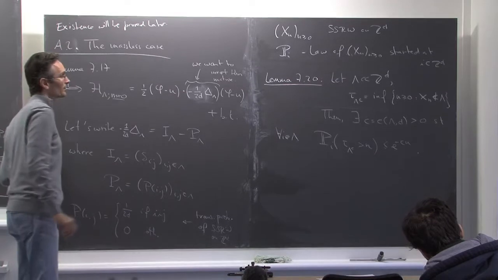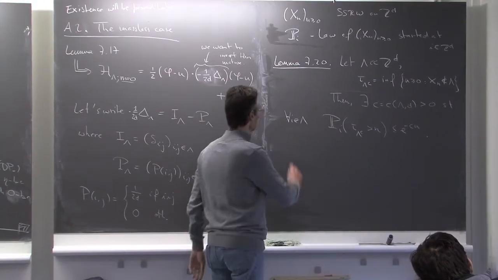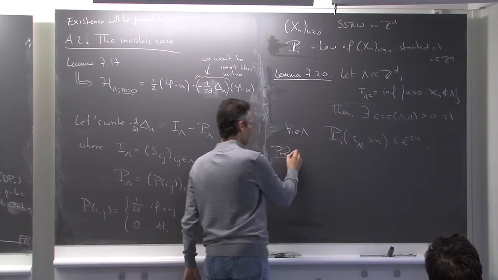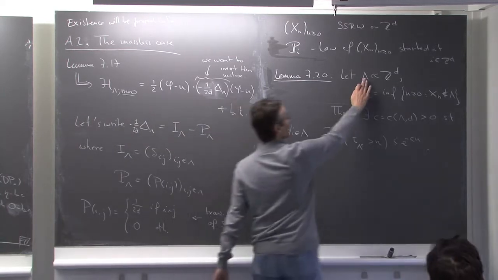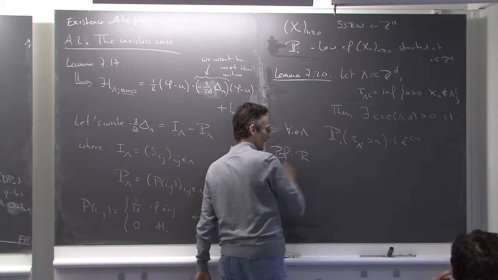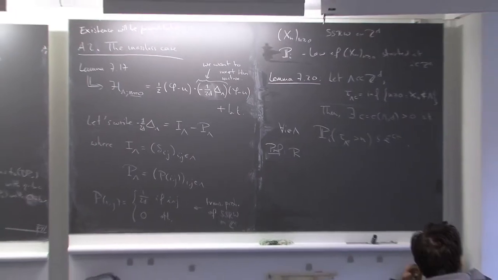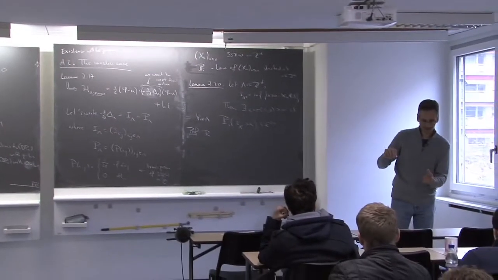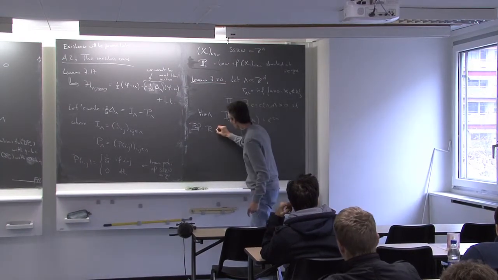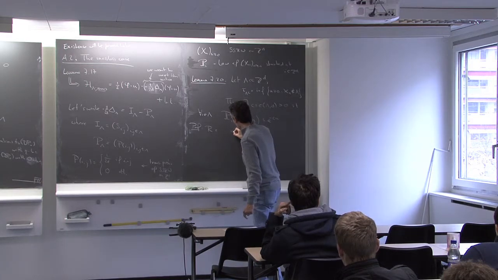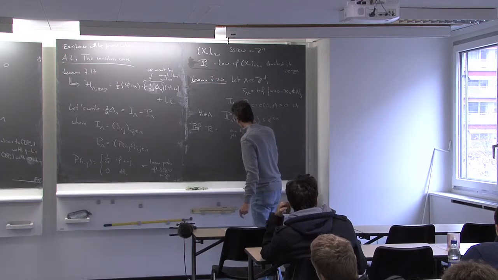I want to prove that because I will need it to invert this matrix. So the proof is completely immediate. Lambda is a finite set, so I can define R to be the maximal distance I have to travel from any vertex in Lambda to reach the boundary of Lambda. So R is the minimum over all j not in Lambda of the one-norm of j minus i.